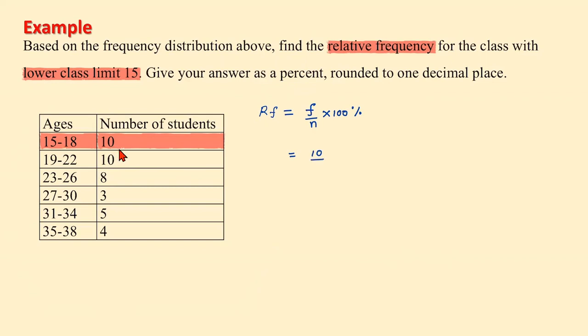N is the total, so we need to add all these: 10 plus 8 plus 3 plus 5 plus 4 is 40, times 100%. If we simplify, 10 over 40 multiplied by 100 is 25. So it is 25%. It is the exact number, so we don't even need a decimal. But if you want to write using one decimal, then you can write 25.0%. Okay, that is the first example.